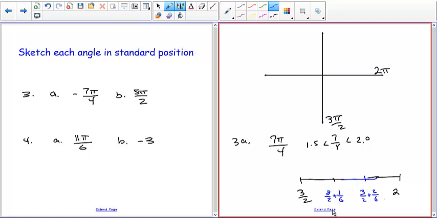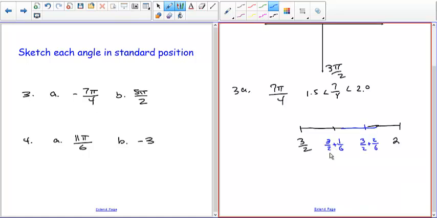If you get a common denominator of 6, you multiply each one by 3, so you get 9/6 plus 1/6, that's 10/6. Here you'll have 9/6 plus 2/6, which is 11/6.